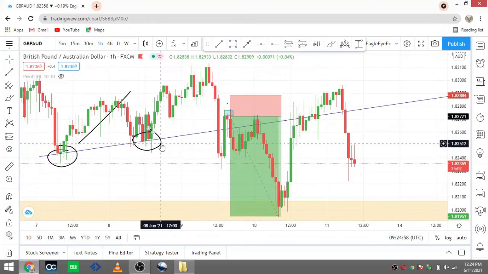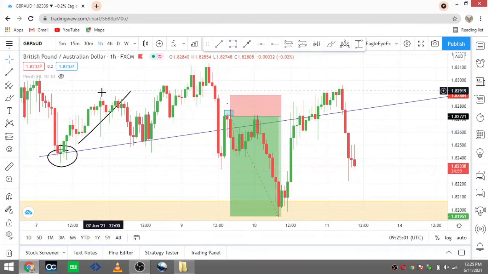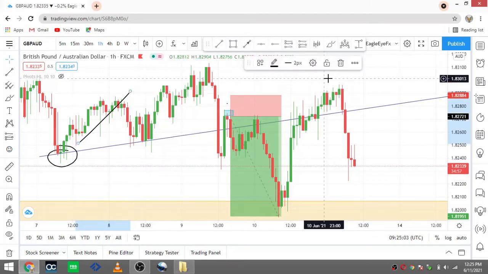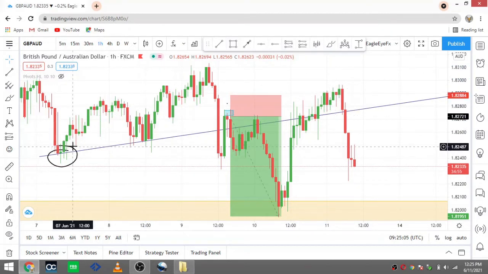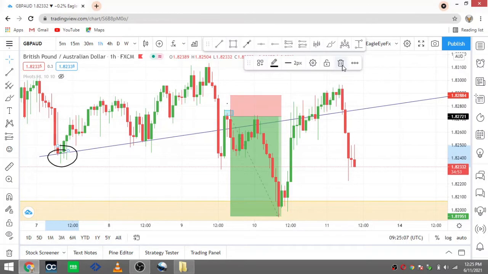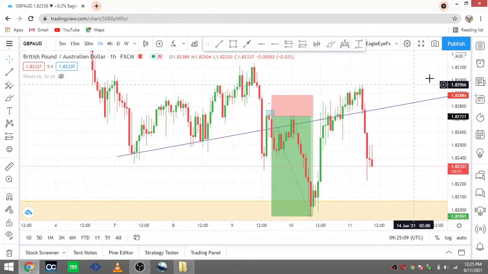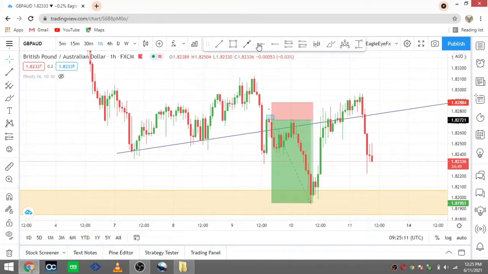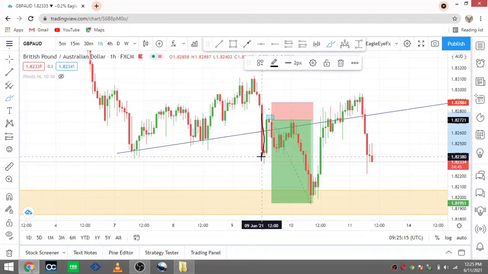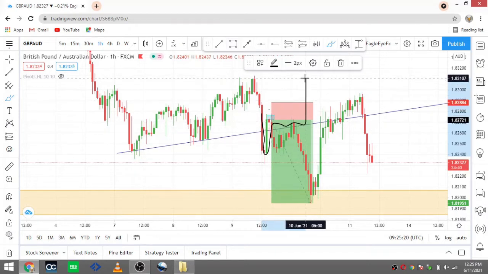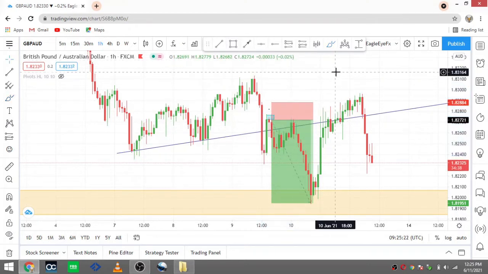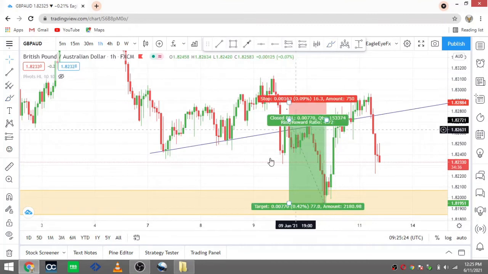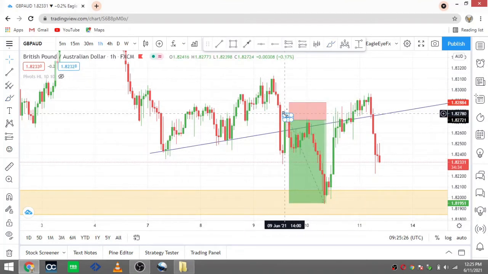When it broke the structure, I was observing to see if I could get some selling opportunities. I did not just enter sell immediately, because you must understand that this could have been a fake out: it comes this way up, then consolidates, and then goes back to where it had come from. So I waited for it.